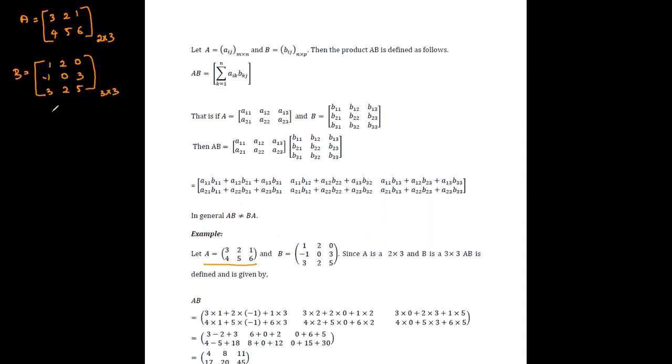Now, if you consider the matrix product AB, you can see that A has the dimensions 2 by 3 and matrix B has the dimensions 3 by 3. The number of columns of A and the number of rows of B are equal. Then we will get the resultant matrix AB having the dimension 2 by 3.